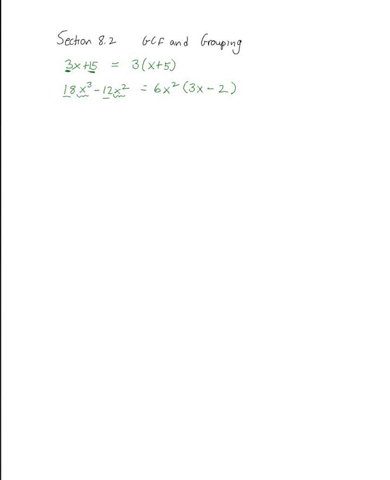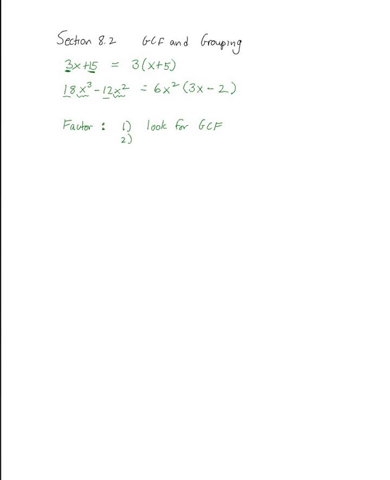All right, so here's how you're going to kind of use this in general. Whenever we see a factor problem, the first thing we're always going to look for is... step 1, look for a greatest common factor. And always pull that out first.